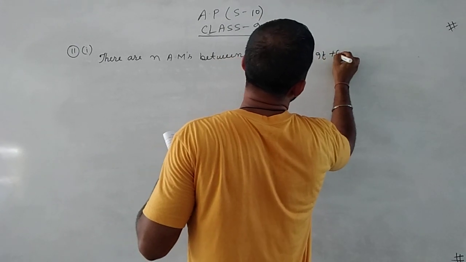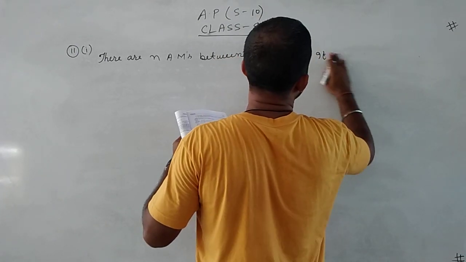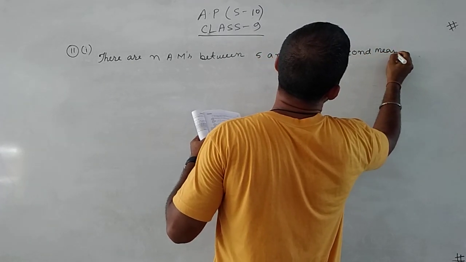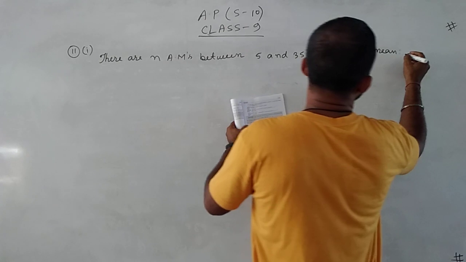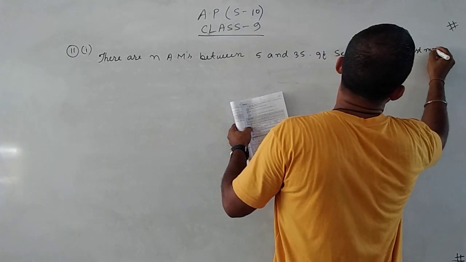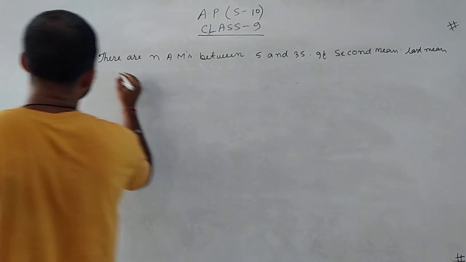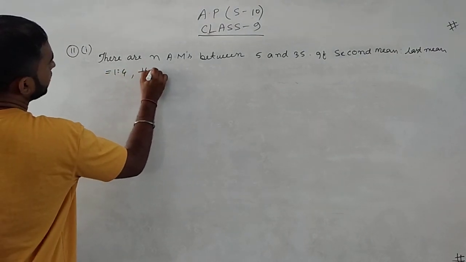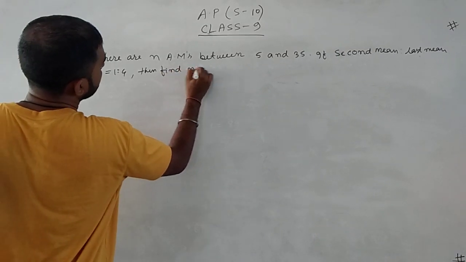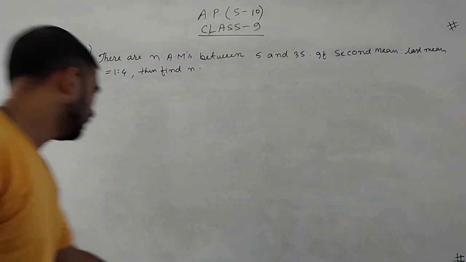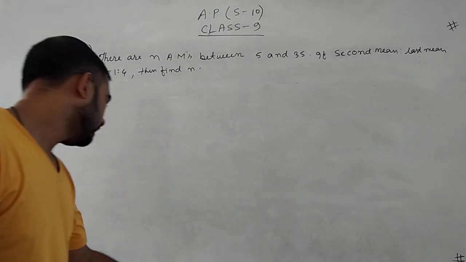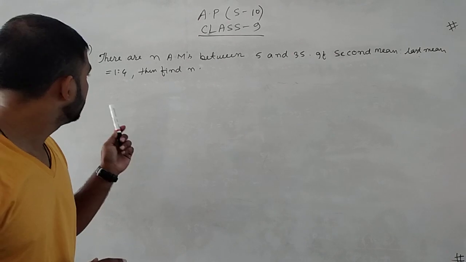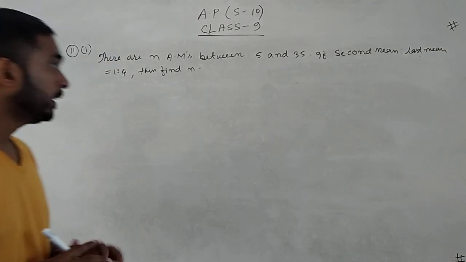If the second mean to last mean is 1:4, then find n. Then we have to find the value of n. So there are n arithmetic means between 5 and 35. If the second mean and last mean is 1:4, then find n.